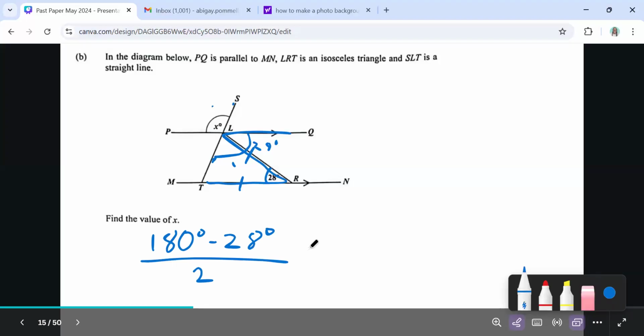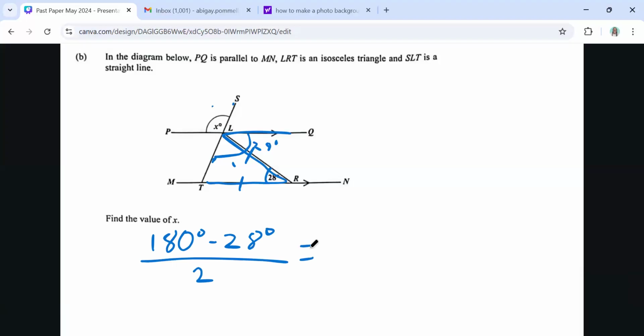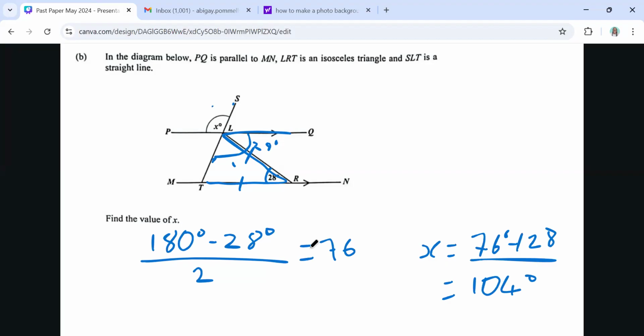So 180 subtracted by 28 will be 152, and we divide that by 2 will give you 76. So X is gonna be equal 76 plus the 28. So that will be equal to what? 104. So X equal 104.